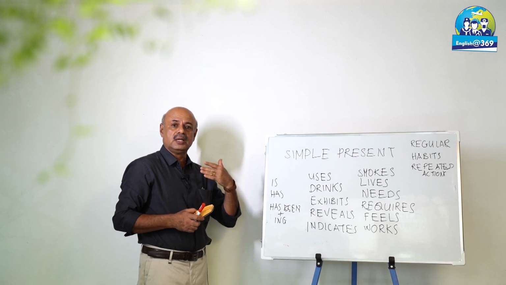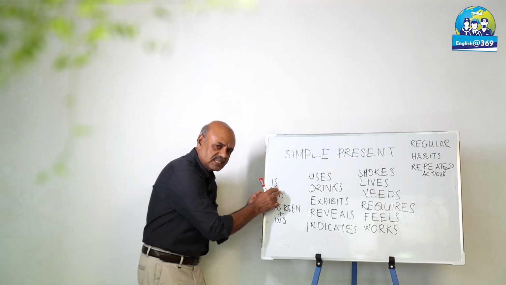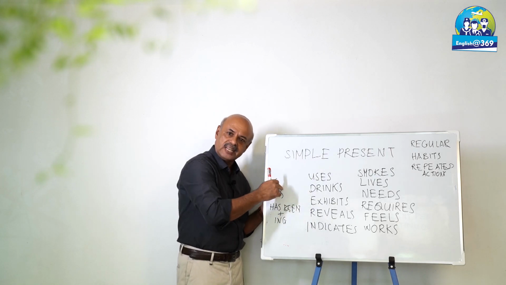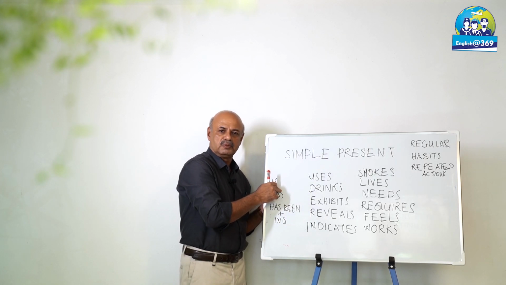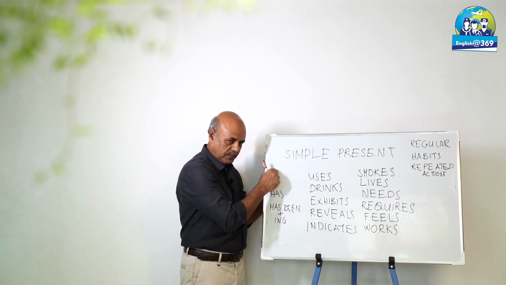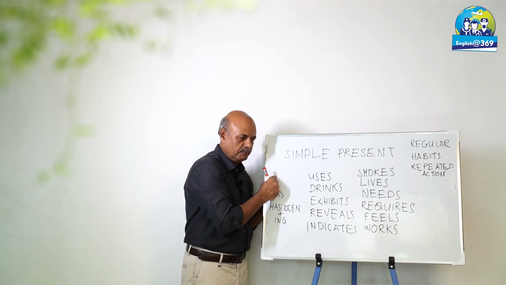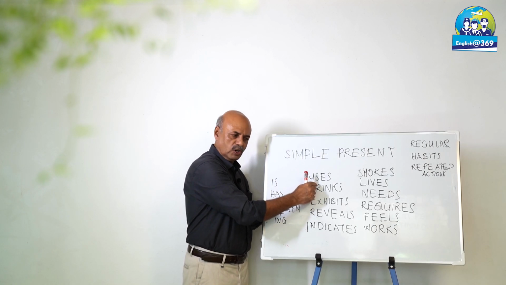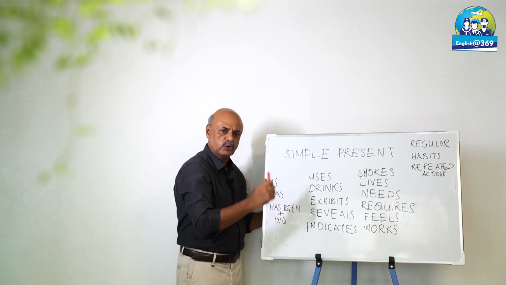When it comes to plural, it is without S. We are precisely talking about the third person because that comes in OET. It's very rare that we put they because you're talking about a person. That's why person, he or she, or the name of the person. Therefore, in the simple present with that, verb form, the S comes. It uses, drinks and whatnot.